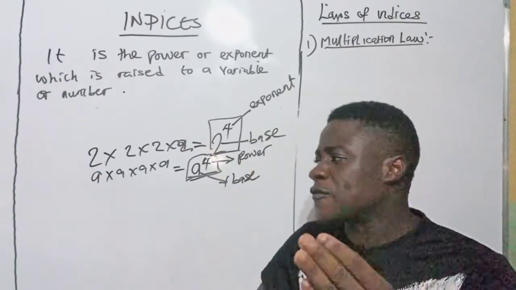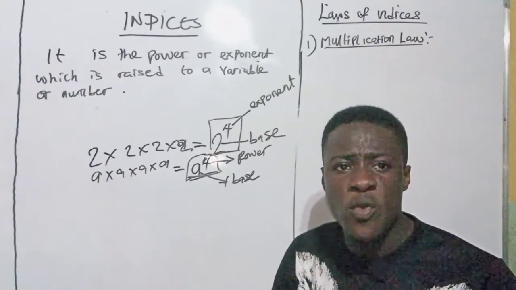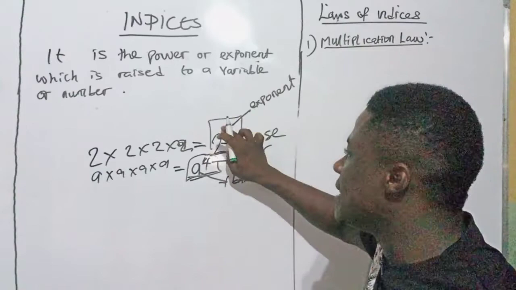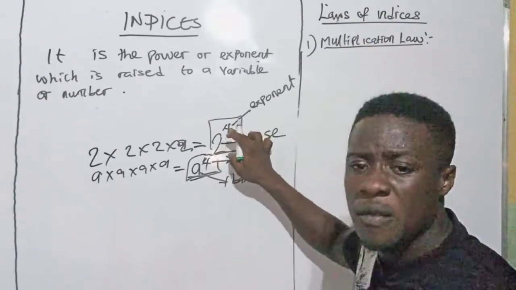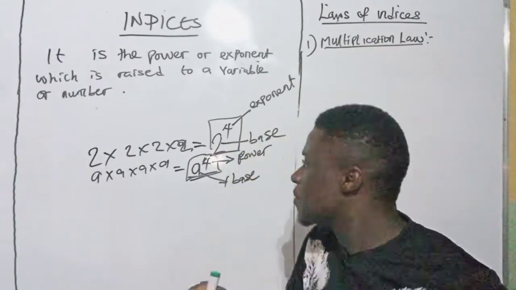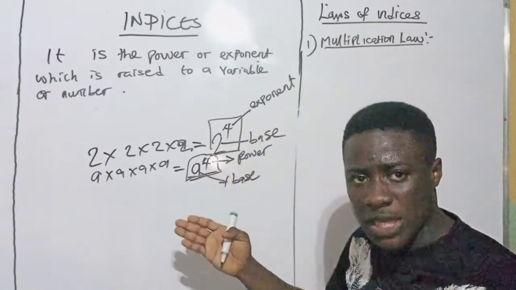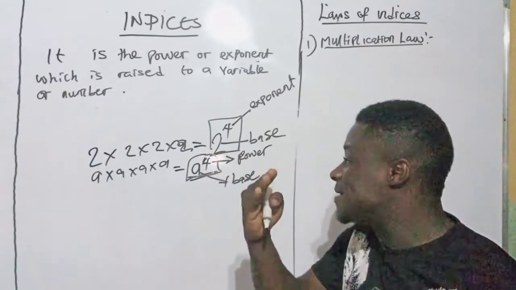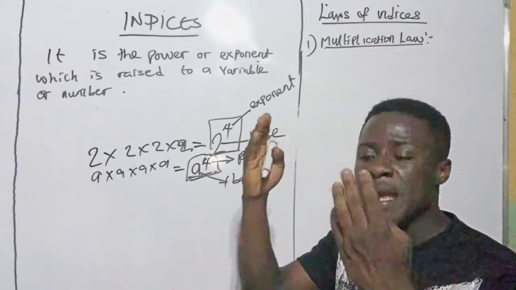Now, expressing numbers in index form simply shows the number of times a number can be multiplied. What do I mean by that? Expressing these two numbers in their index form, 2 raised to power 4, A raised to power 4, it simply shows the number of times these two can be multiplied. A raised to power 4 also simply means the number of times A can be multiplied.